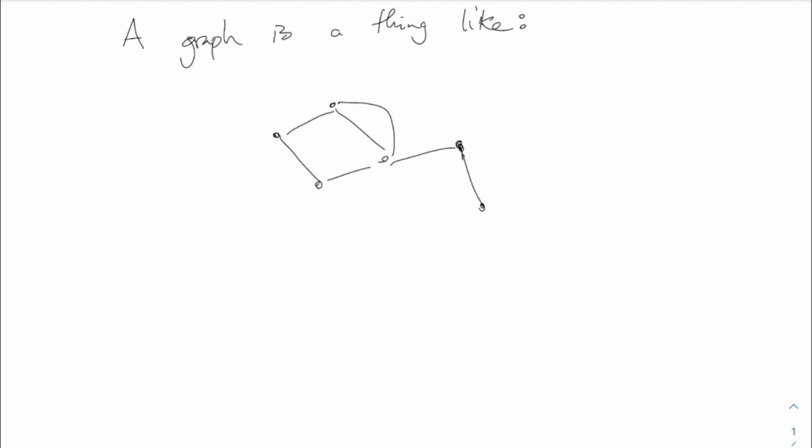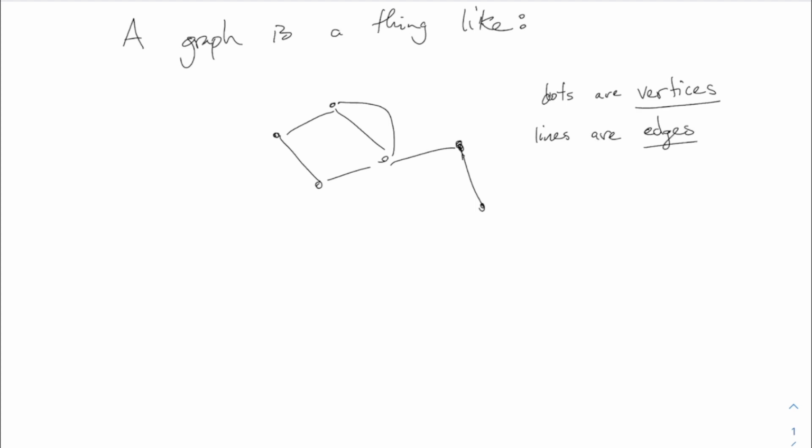These are made up of the dots and the lines, and the fancy language that we use for this is the dots are called vertices. That's the plural of the word vertex. One dot is a vertex. Several dots are vertices, and the lines are called edges.